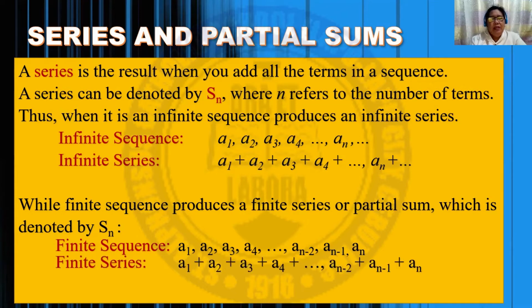For finite series, we have a sub 1 plus a sub 2 plus a sub 3 plus a sub 4 plus a sub n minus 2 plus a sub n minus 1 plus a sub n. By the way, these three dots here are called ellipses.